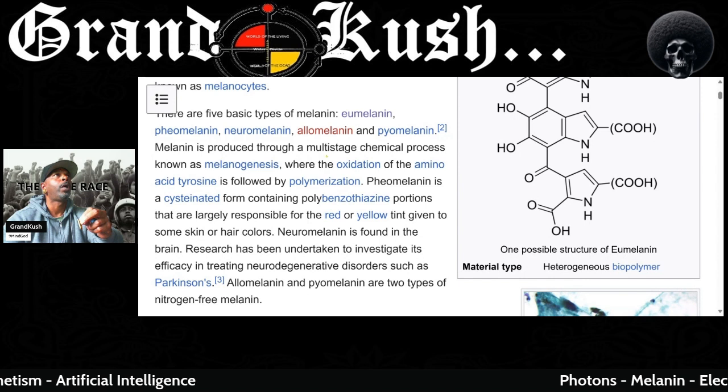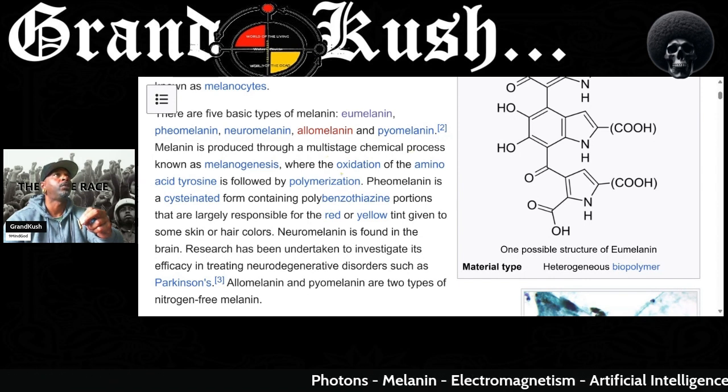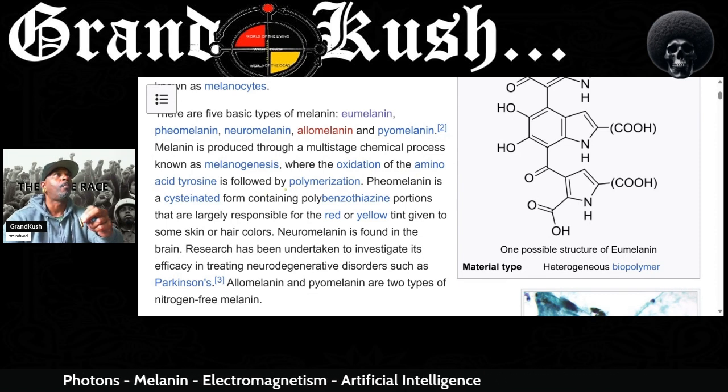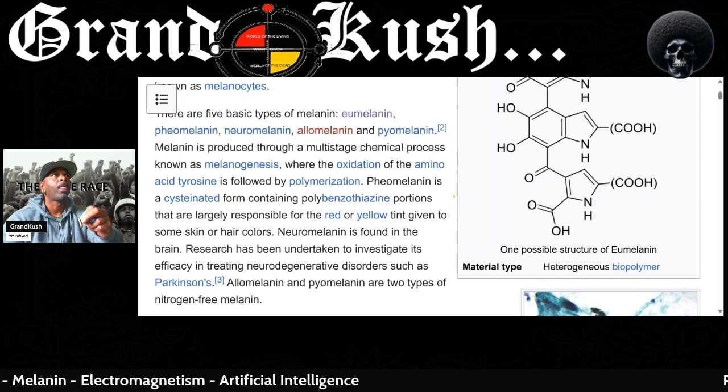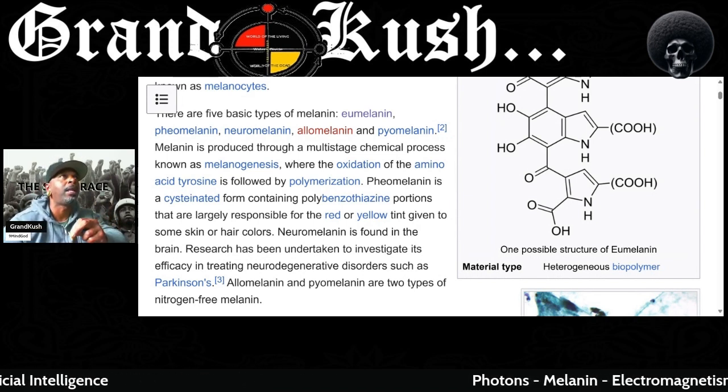Melanin is produced through a multi-stage chemical process known as melanogenesis, where the oxidation of the amino acid tyrosine is followed by polymerization, right? That's the natural process for eumelanin.